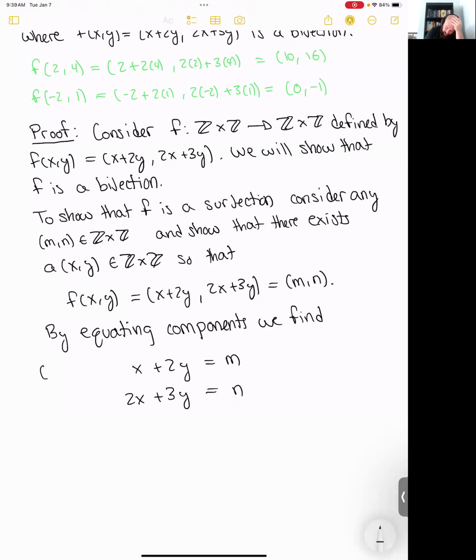I'm going to call the first equation 1 and the second equation 2. Basically what it boils down to here now is showing that there is a solution to this system of equations.